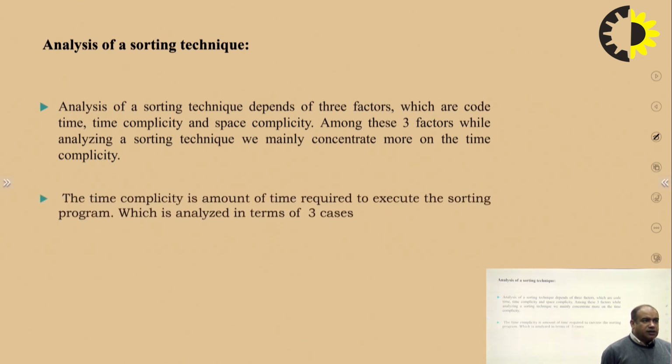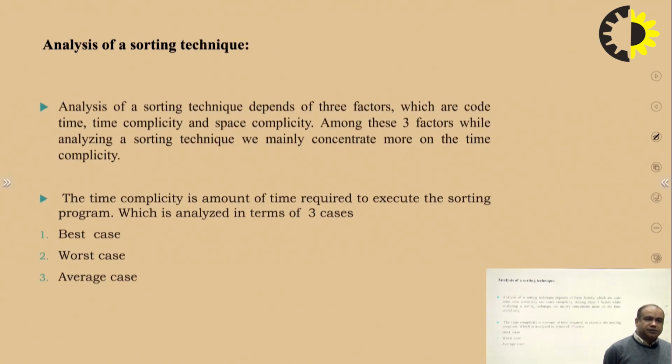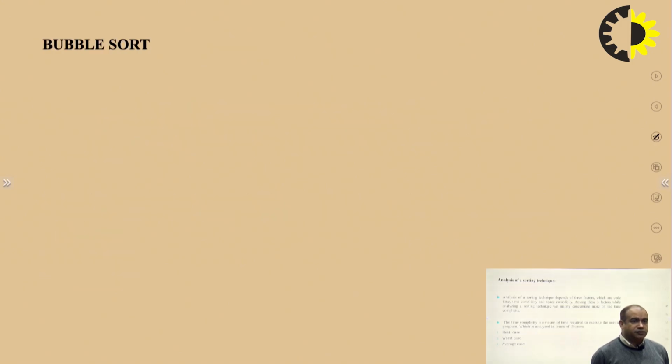The time complexity is the amount of time required to execute the sorting program, analyzed in terms of three cases: best case, worst case, and average case. The best case means how efficiently we can use this sorting technique. The worst case is the worst scenario, how much time it will take. The average case is in between these two.